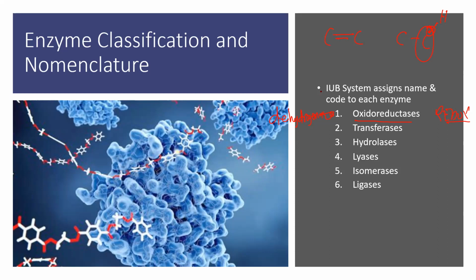Now, a phosphate group from ATP, or adenosine triphosphate, is transferred to the nitrogen atom of creatine. So basically, ATP plus creatine will give you ADP plus creatine phosphate.